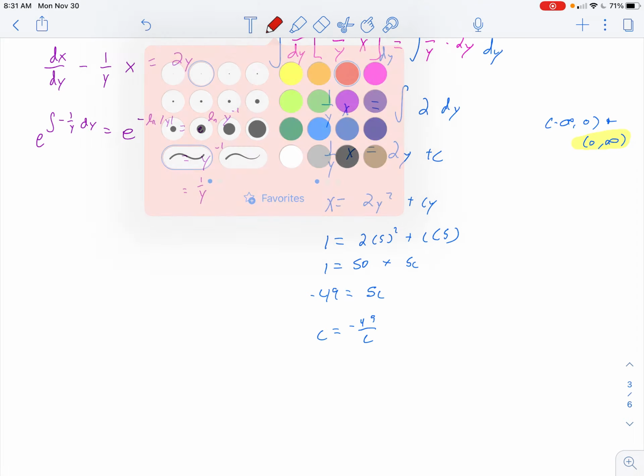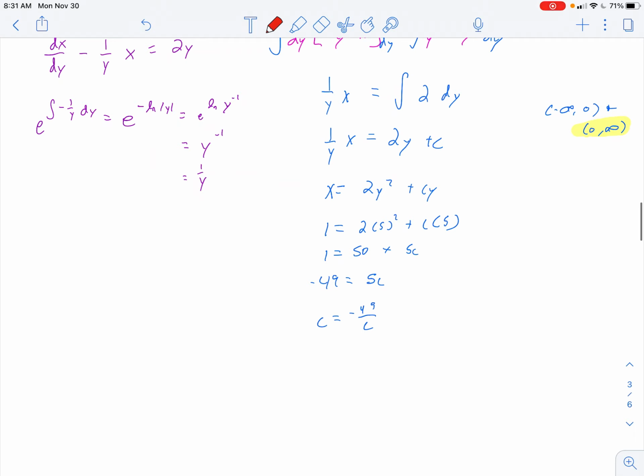And so then the solution is going to be x is equal to 2y squared minus, I don't know why I said c there, it should be a 5, 49 over 5 times y.